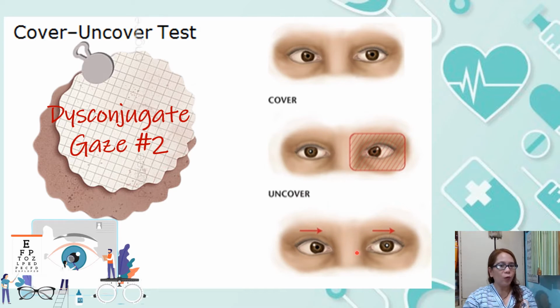While in the uncover, you can observe that the left eye moves outward to fix on the light kasi meron kang pinakitang light, while the right eye, ito yung right eye, deviated inward.